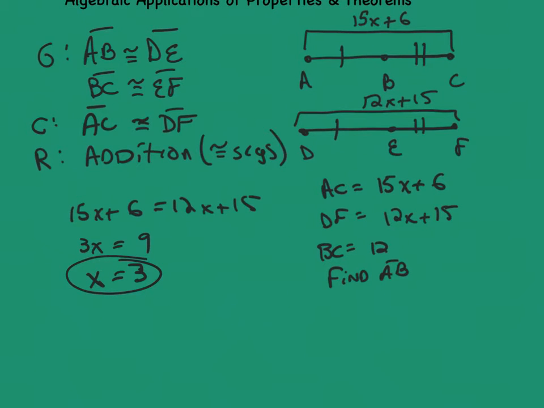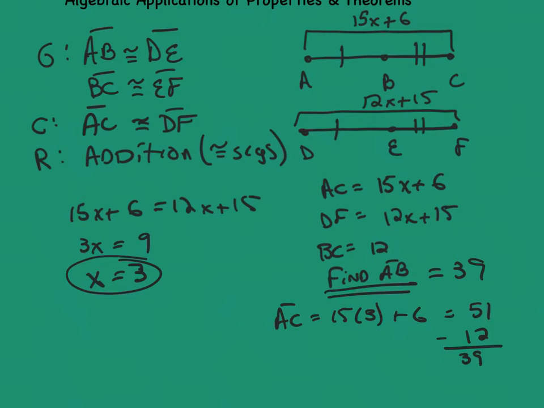So how do we find AB? Because that's what the question's asking for. Well, we know that AC equals 15x plus 6, and since x equals 3, that's just going to be 51. They tell us in the original givens that BC equals 12, so all we have to do is subtract BC and we'll get 39, which is the length of AB.